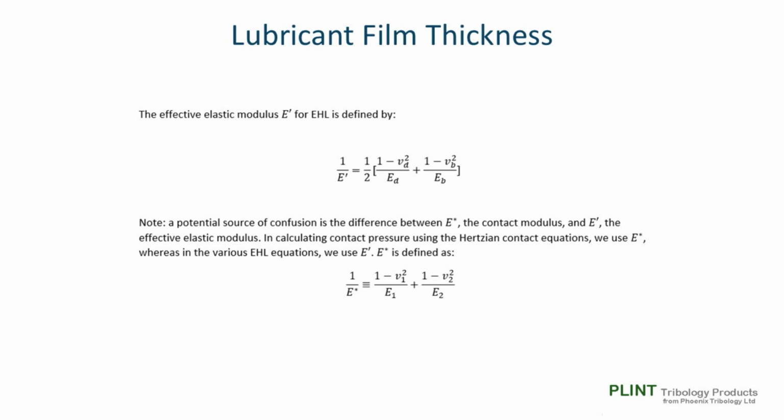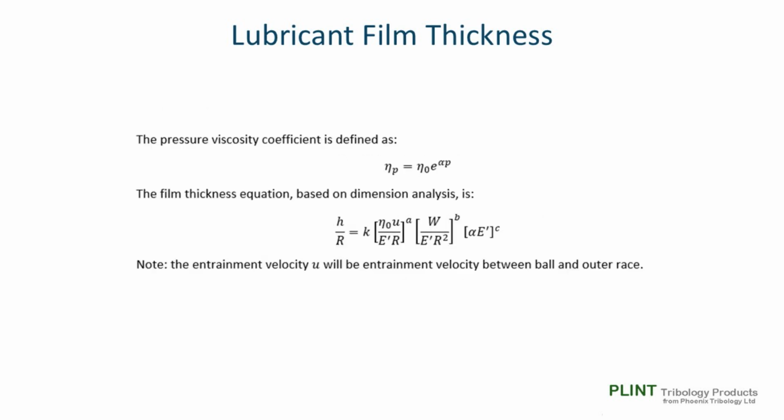In calculating contact pressure using the Hertzian contact equations, we use E star, whereas in the various EHD equations we use E prime. The film thickness equation based on dimensional analysis is shown here.